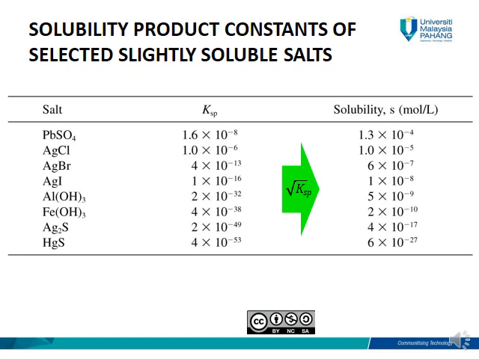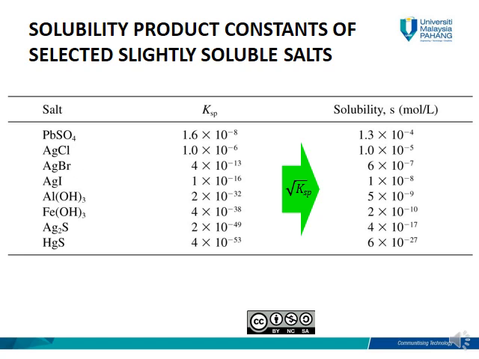Here you can see different solubility values for different salts. For lead sulfate, the solubility is about 1.3 times 10 to the power of minus 4.